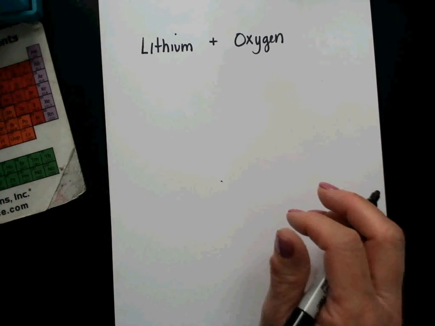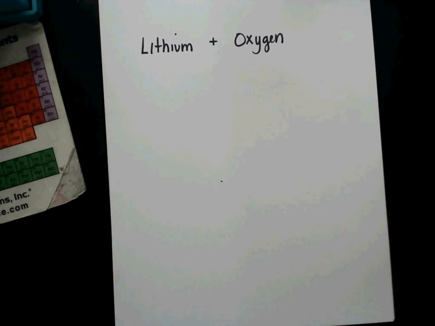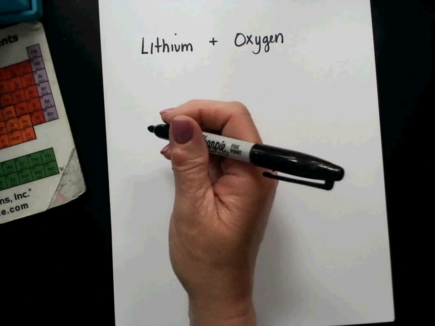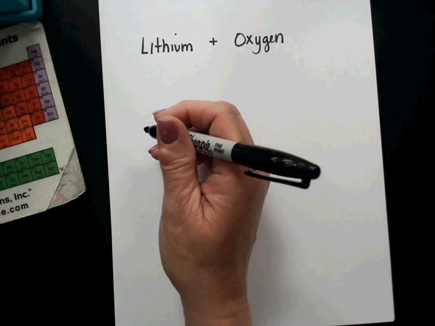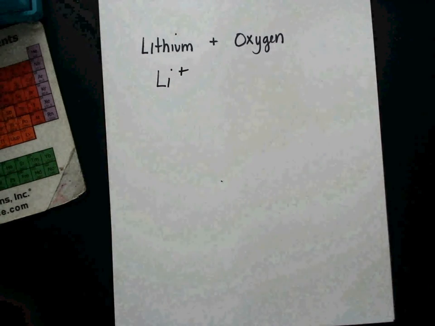You know, I love to talk about chemistry. All right, so when I go to the periodic table, and if you didn't do this, work through this with me, where is lithium? Group 1, which tells me it has a charge of what? Positive 1.